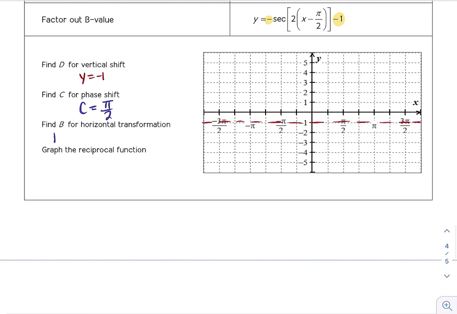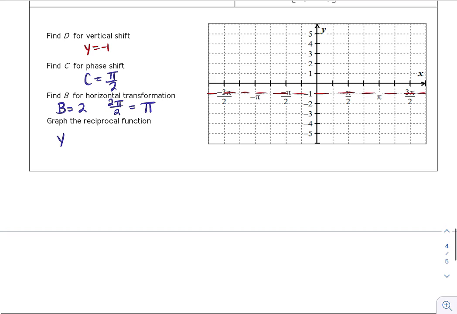In this case, B is equal to 2. So we need to figure out the period, 2 pi over B, so that's 2 pi over 2. So the period of this function is pi. Now we're going to take this and graph the reciprocal, which is y equals negative cosine of 2 times x minus pi over 2, then minus 1.